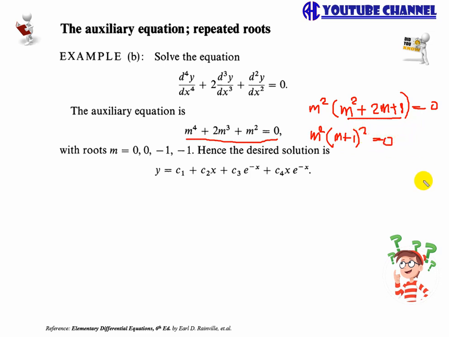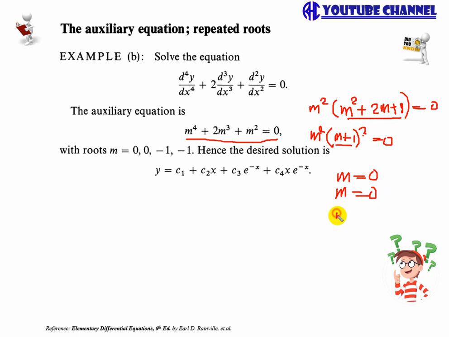So, yun na yun. So, kapag i-equate ko yang dalawang factor na yan, magiging m is equals to 0, isa, m is equals to 0, dalawa yan kasi m squared.